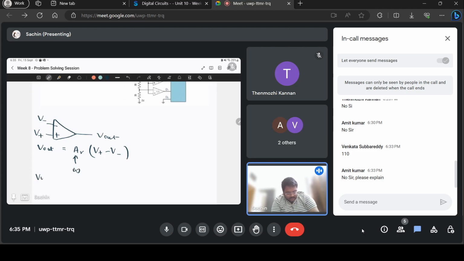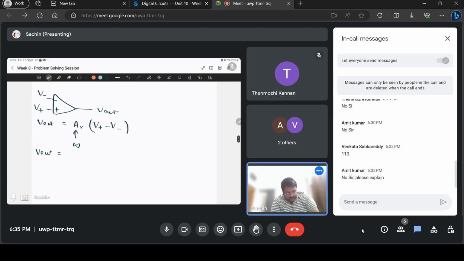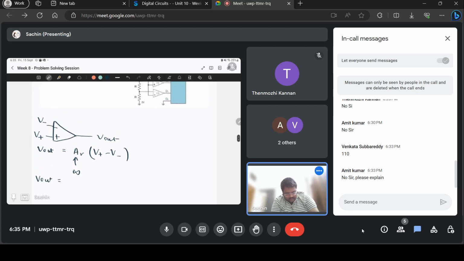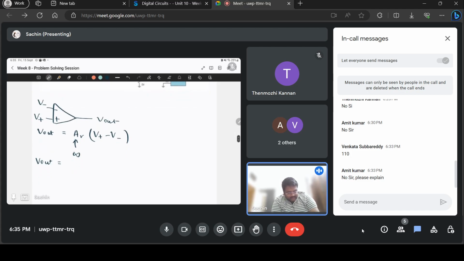So if the difference is anything other than 0, you'll get a very high or very low output. In practice you can't really get an infinite gain, so let's say it's a very high number.